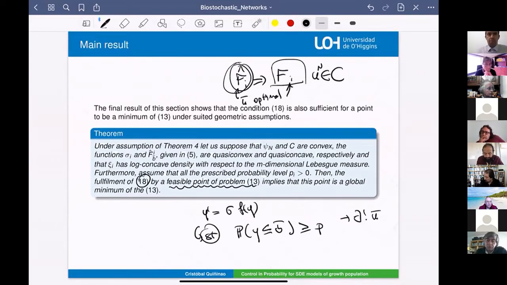Meaning that at least when you simplify everything, not working with the local terms, working with only the easiest and more classical growth population models, your system has a unique solution. Your control problem has a unique solution.